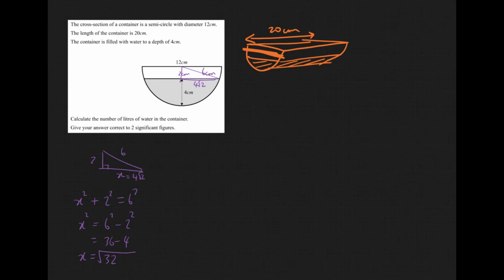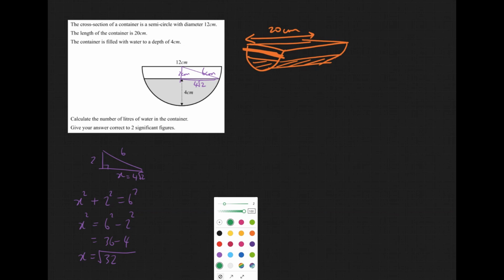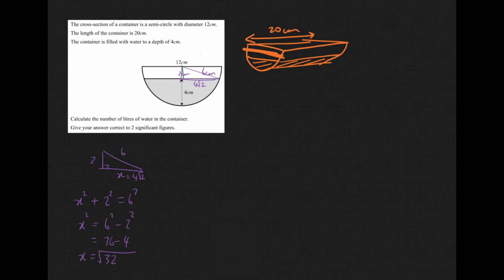Now we want to work out the sector. Let's do this in green. The sector we want is this distance, which we know is 6 centimeters. This distance is obviously also 6 centimeters, but this angle we don't have, and that is something we're going to need to work out. So let's go back to this triangle and work out this angle here. We'll call it theta.